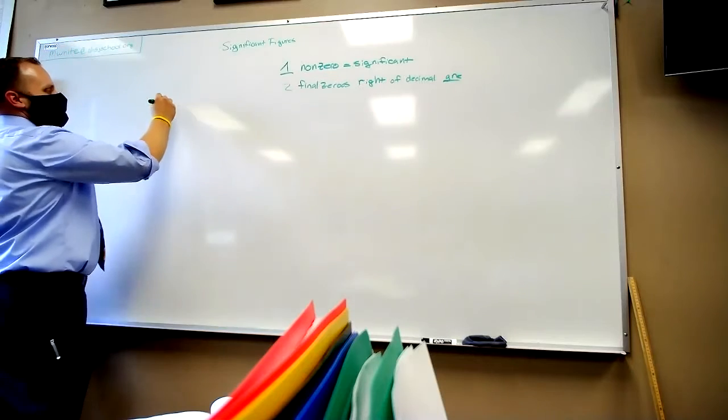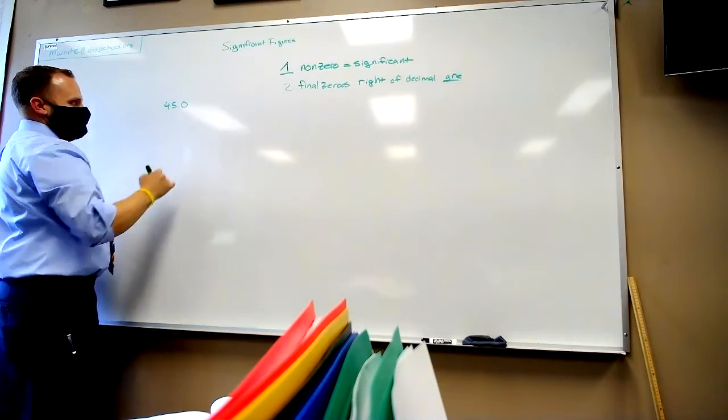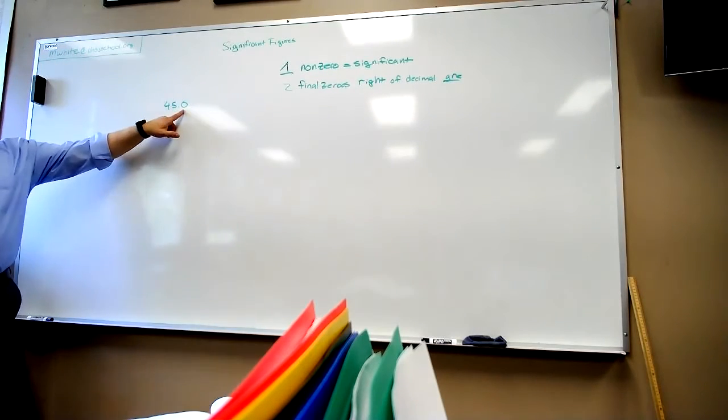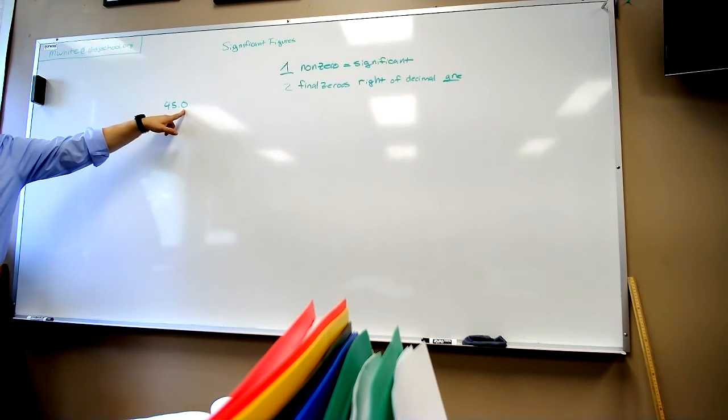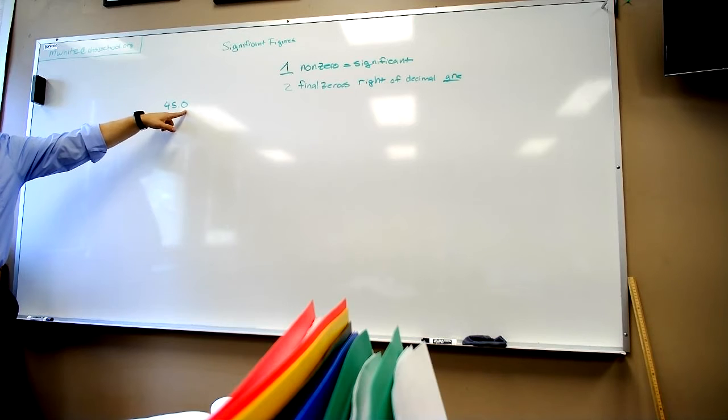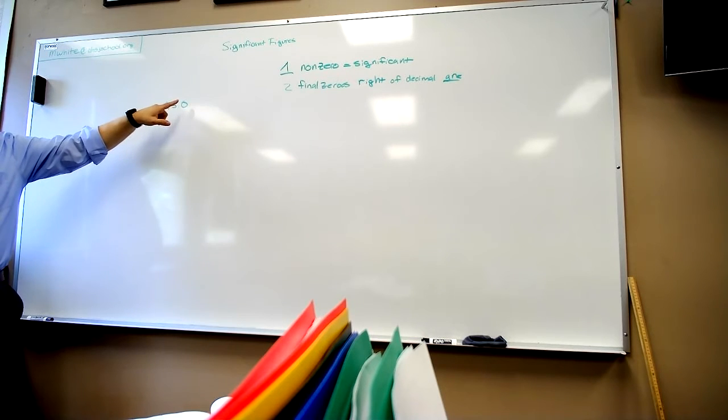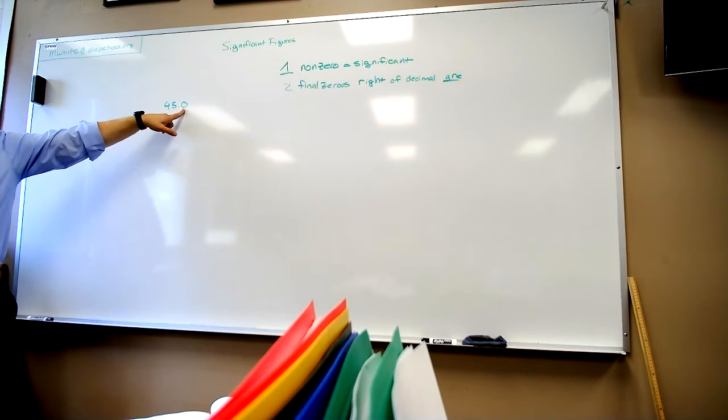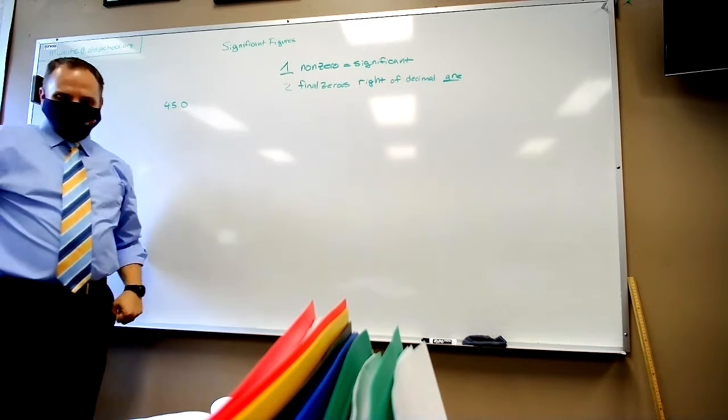Well, if we go back to our 45.0, is that 0 on the right side of the decimal? Yeah, it's on the right side of the decimal. So that 0 right there is significant, according to rule number 2.